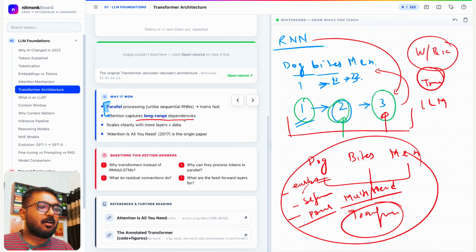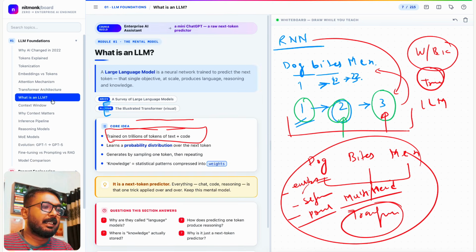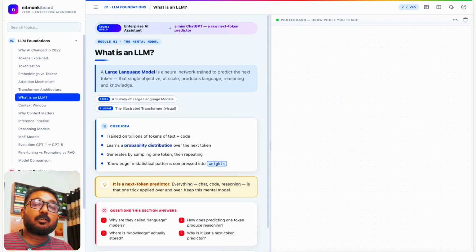Attention captures long range dependencies and scales cleanly with more layers and data. Attention Is All You Need is the original paper, if you want to deep dive more, you can read that. If you want, I can do another video just on the Attention Is All You Need paper.